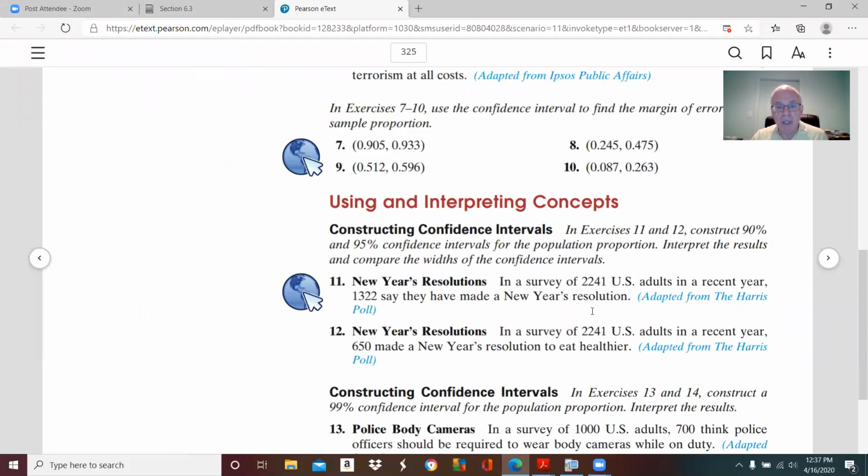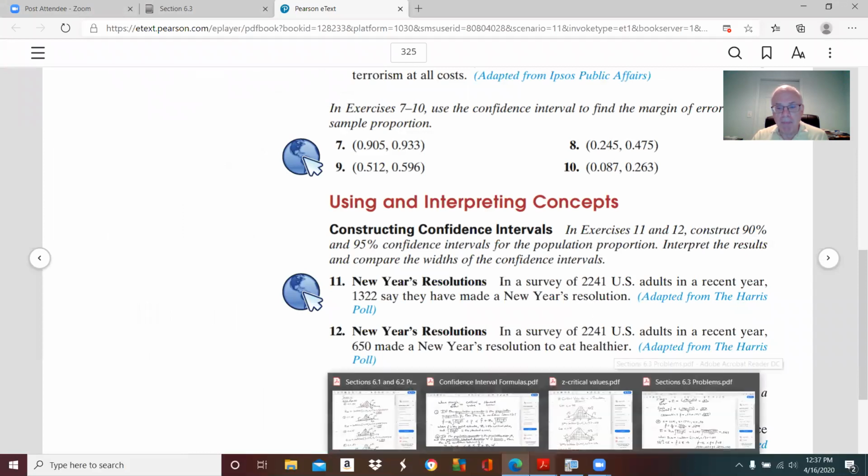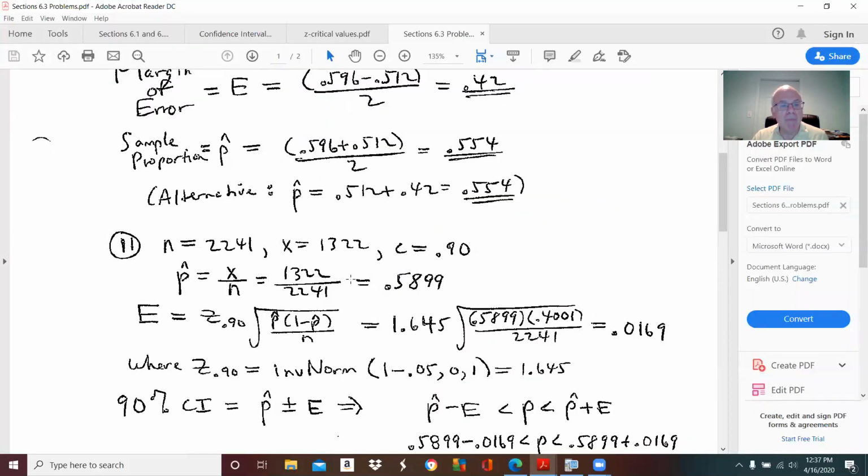That means the other 919 did not. So p hat, if we divide these two numbers and round to 4 decimal places, is 0.5899, our sample proportion.